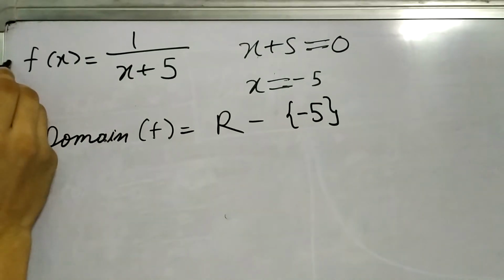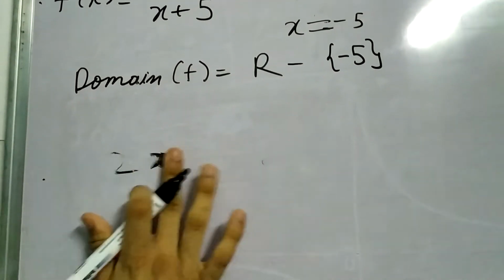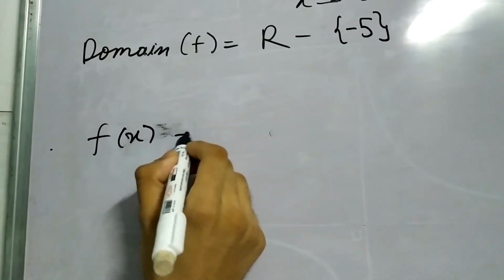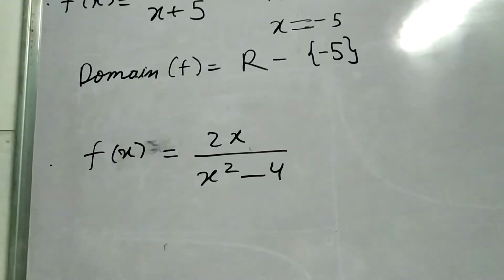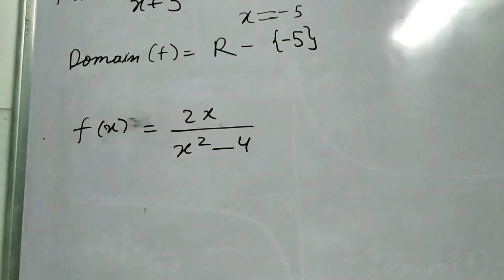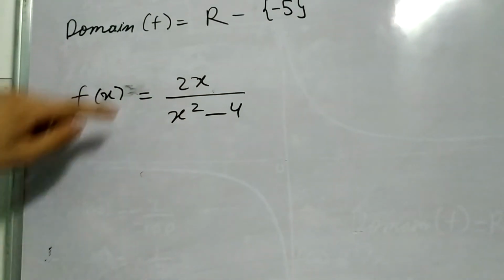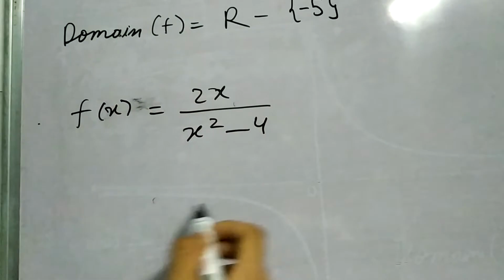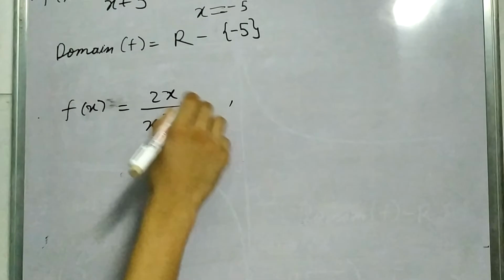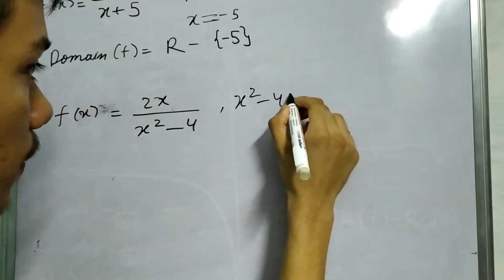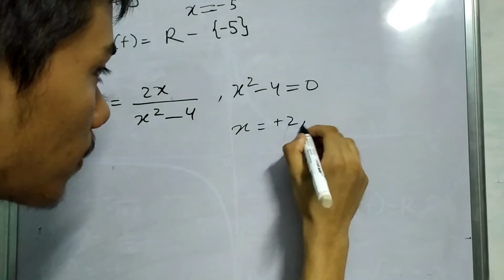Now another example, let us consider the function f of x equal to 2x upon x square minus 4. Again, the denominator should not be 0, otherwise the function won't be defined. Note the numerator part can be 0. At x equal to 0, the function will be 0. Okay, 0 is not a problem here. The denominator is the problem. So x square minus 4 should not be 0, which gives x as plus 2 or minus 2.